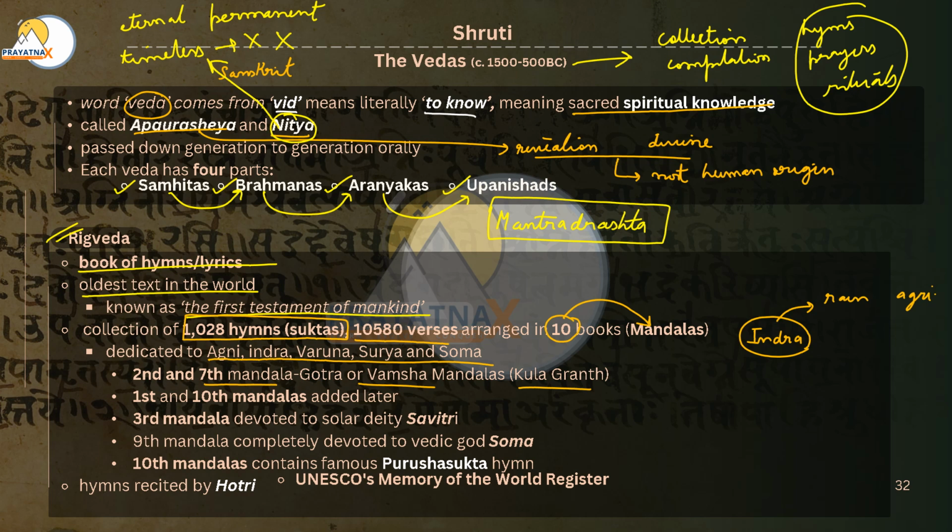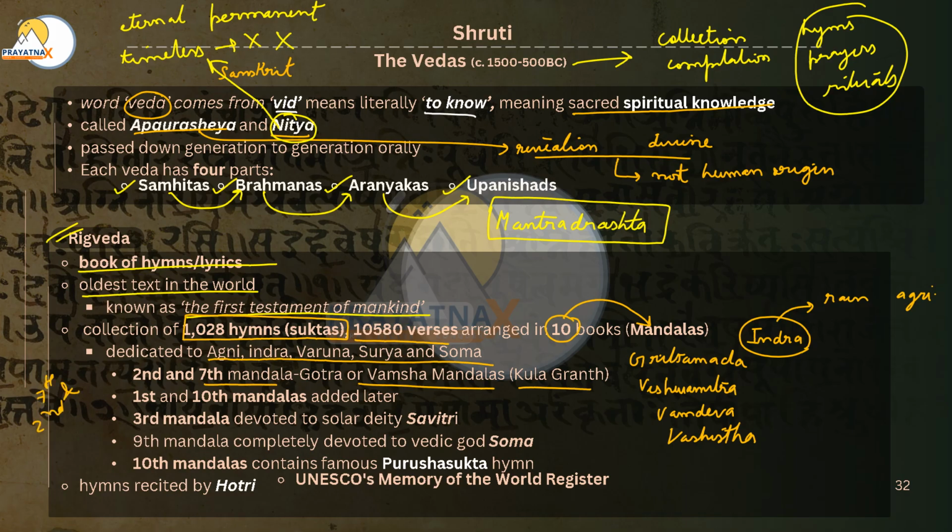These contain books composed by Gritsamada, Vishwamitra, Vamdeva, Vasishta, and you'll see that the seventh and second mandalas were the very first compositions, and later all the other mandalas were composed.